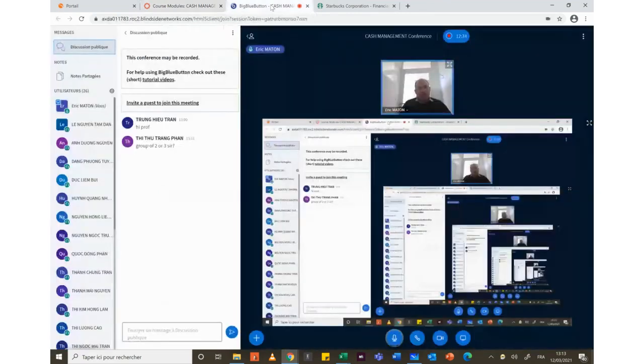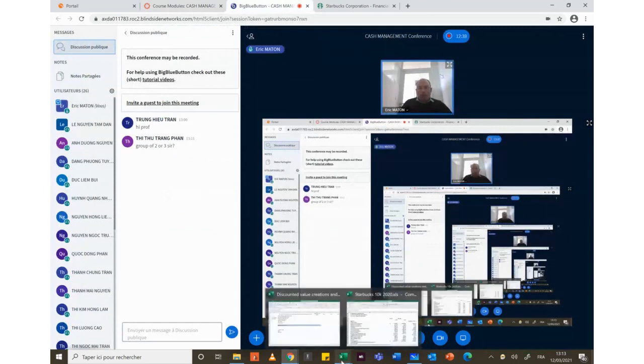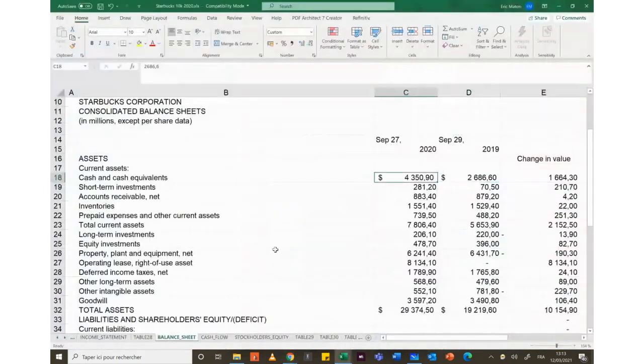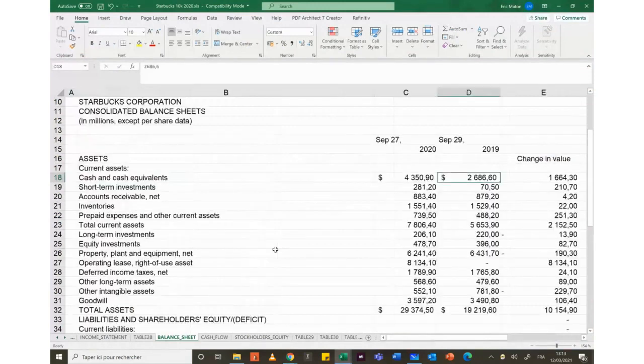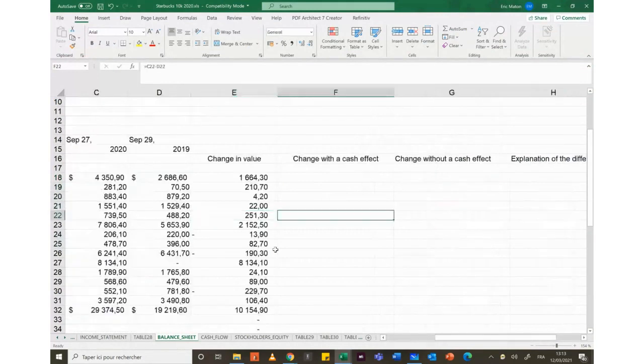And if you decide to take a real company, take an American company, because in this case we can easily have the Excel file, so you can directly work on the Excel file and try to explain the differences we have here. So we can have differences also because of the acquisition of a company.